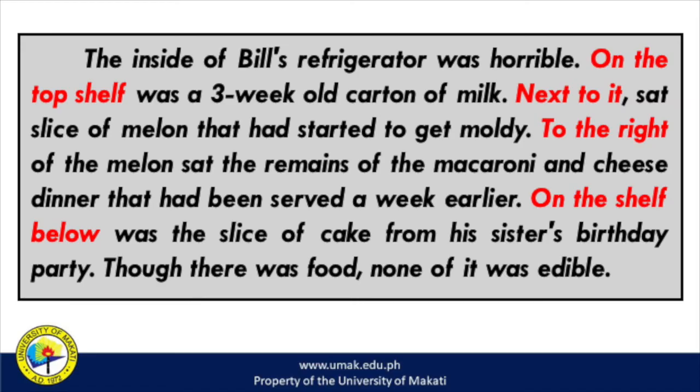If you're going to look at the words and phrases that are in red, then these are prepositions that we use to describe certain areas, places, or spaces. Therefore, this one follows the spatial order.